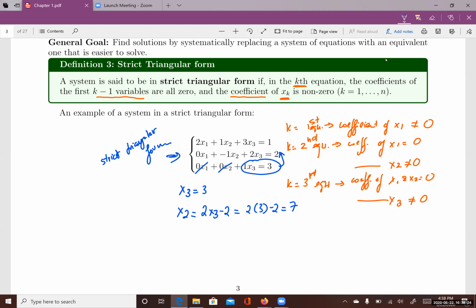Once I have x2 and x3, I can look at the first equation to solve for x1. x1 equals (1 minus 3x3 minus x2) divided by 2. With x3 equal to 3 and x2 equal to 7, I would have 1 minus 9 is -8, -15 over 2.